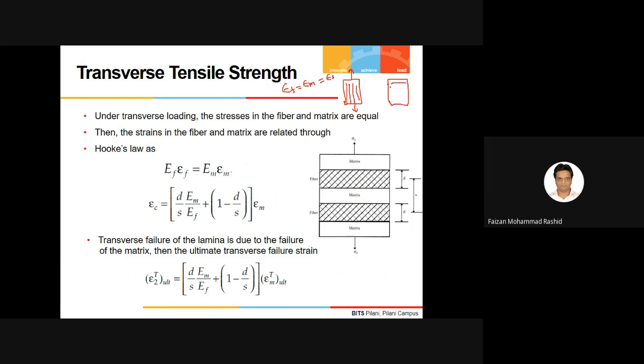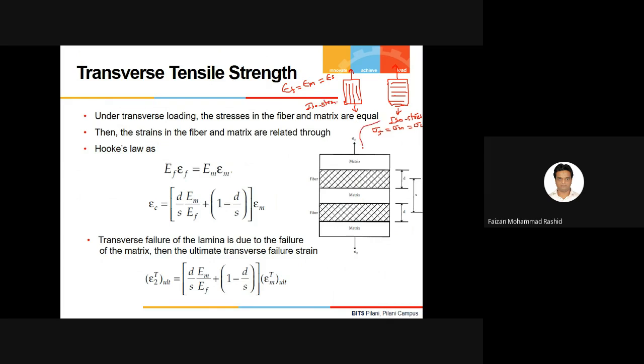However, when the fibers are like this one, okay, and I am applying a transverse load here, it is assumed that the stress in fiber is equal to stress in matrix is equal to stress in composite material. This is called the iso stress situation, and this is called the iso strain situation.